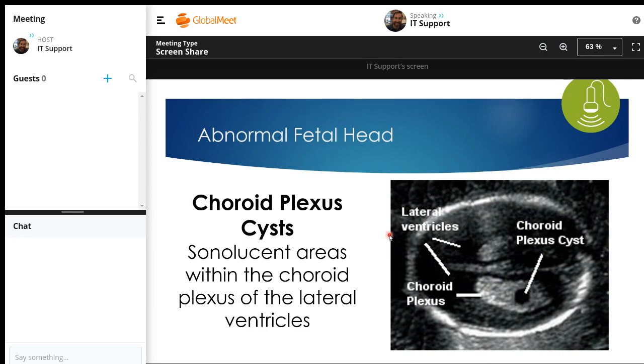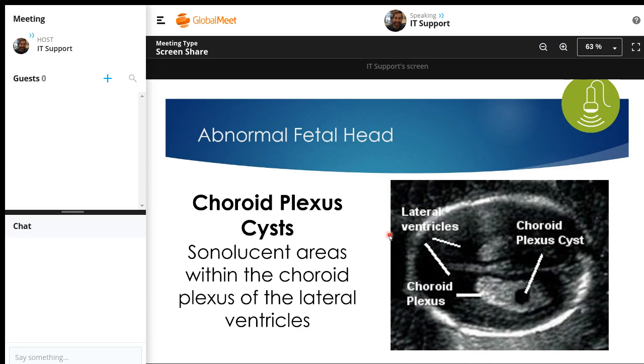It happens with 1 to 6% of all pregnancies, so it's very common. They're usually of no clinical significance, especially if they're isolated. And if we see them at the fetal survey, they're usually resolved by the end of the second trimester.